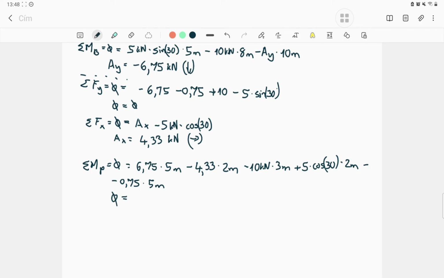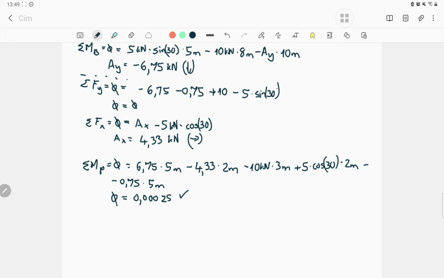Okay, 6.75 times 5 minus 4.33 times 2 minus 10 times 3 plus 5 times cosine 30 times 2 and minus 0.75 times 5. The result is 0.00025.